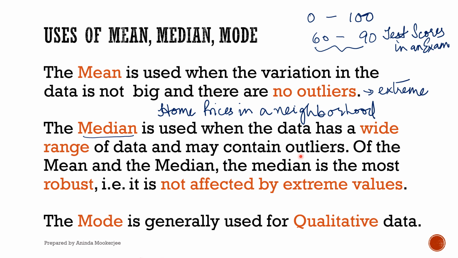All right, in that case, the median is what we consider. That's why when you look up home prices on the internet in a neighborhood, you can try that. It'll give you the median price of homes in a particular neighborhood, because home prices can have a wide variation in the data.